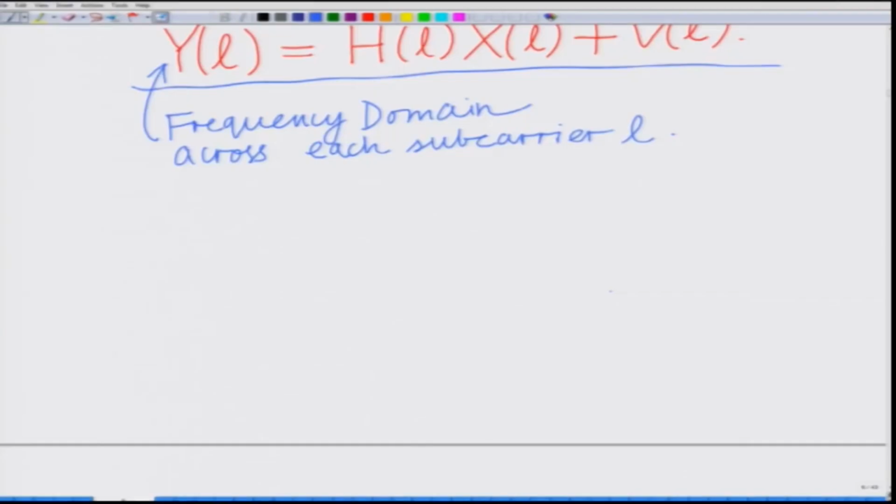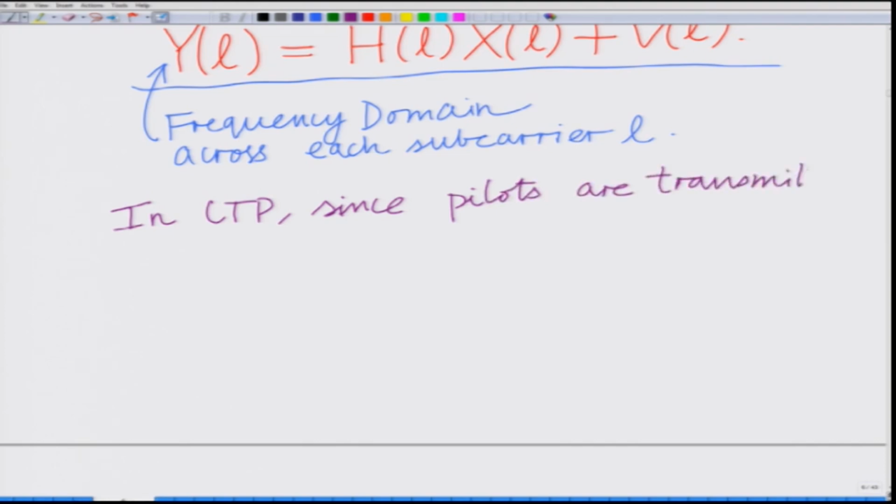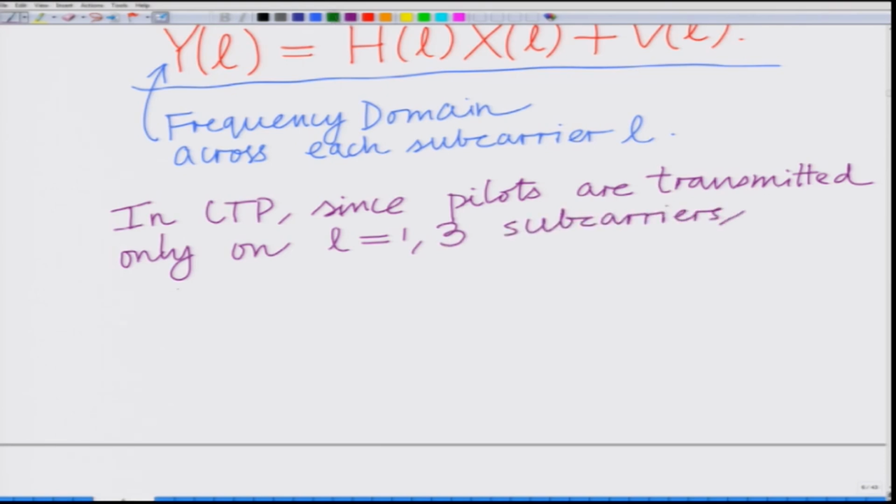So, in CTP, in comb type pilot transmission, pilots are transmitted only on L equal to 1, 3 subcarriers, that is basically the pilot subcarriers.